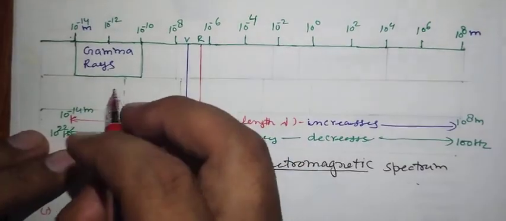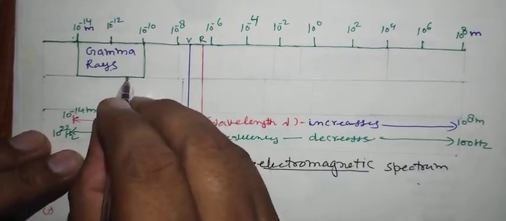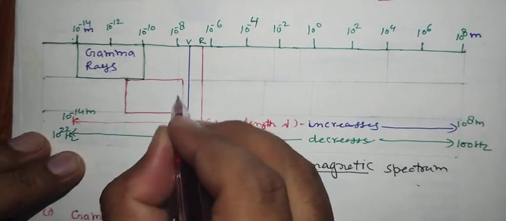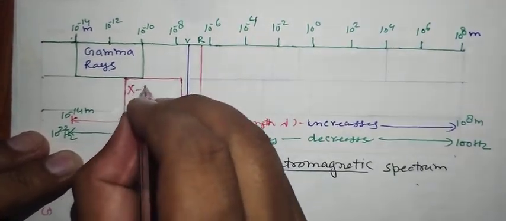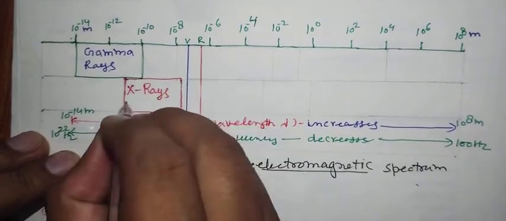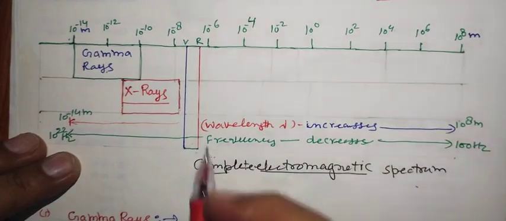In the electromagnetic spectrum after gamma rays, there is one more ray from here to here. This ray is called X-rays. It was discovered by Professor Roentgen.